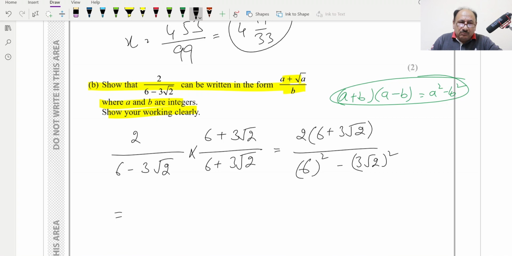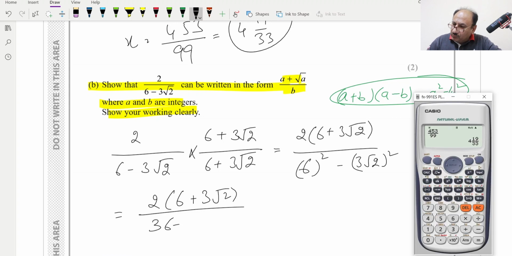We can write the numerator as it is, and the denominator will be 36 minus 3 root 2 squared, and we can use the calculator for that.